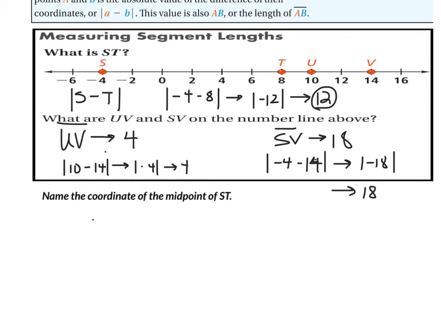I can take the two coordinates, -4, that's for S. So I take -4, then I'm going to add the other coordinate of 8, and then we're going to divide that in half, which would be +4 divided by 2, which is 2. So 2 would be the midpoint.